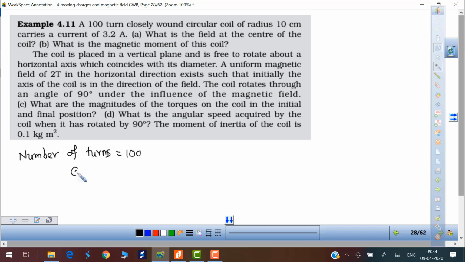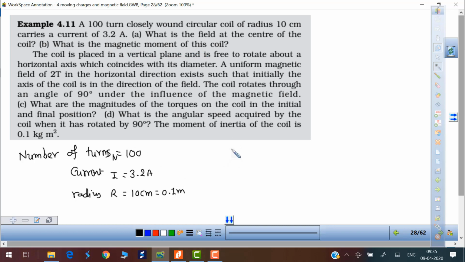Current I is equal to 3.2 ampere. Radius is 10 centimeter, equal to 0.1 meter. Then what is the field at the center of the coil and what is the magnetic moment of this coil?